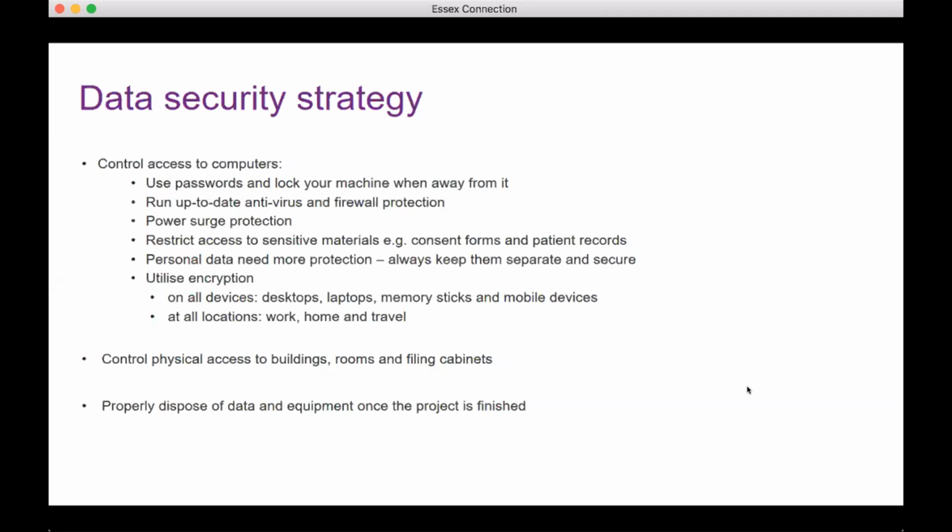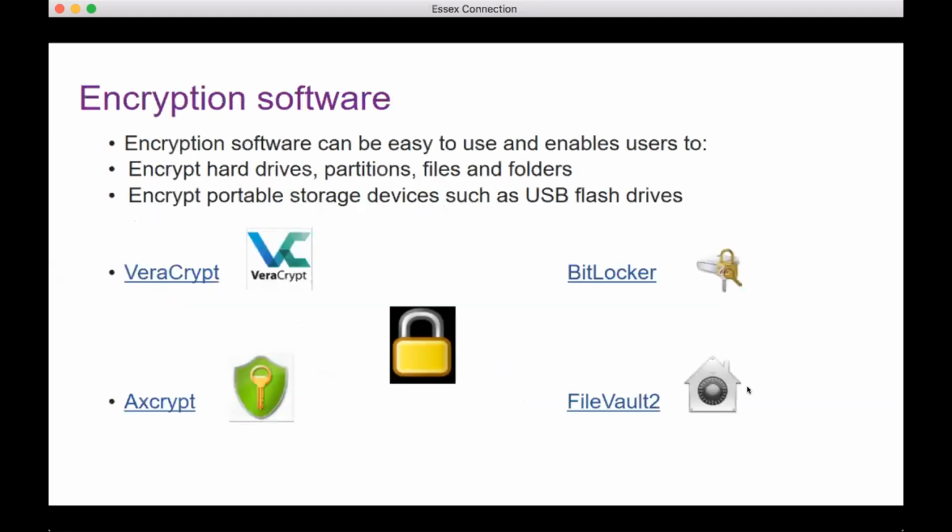So while some solutions might be appropriate for some types of data, they might not be appropriate for personal information. And because we touched on encryption, I included on this slide some options for you. Just to mention that we do not recommend one in particular. You might opt for one over another depending on what your operating system is or what exactly you need encrypted, whether you wish to encrypt an entire hard drive or just a particular file or folder or a USB stick.